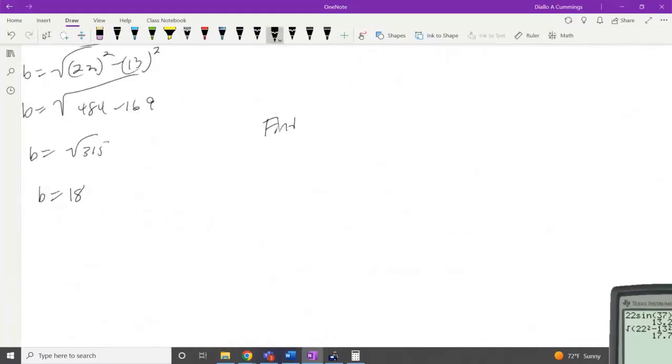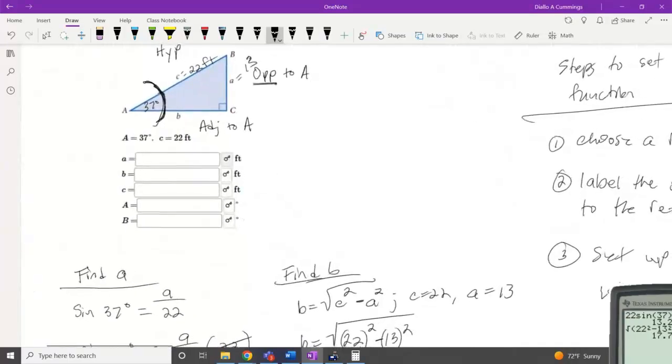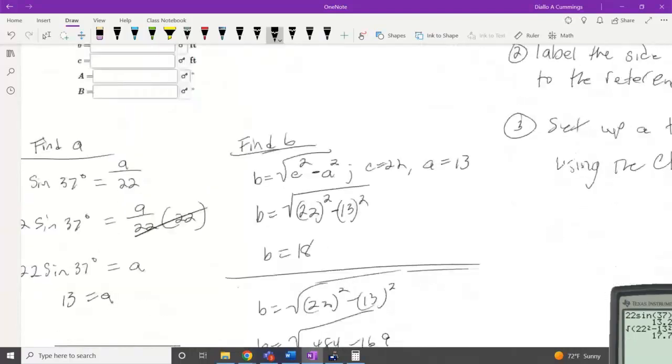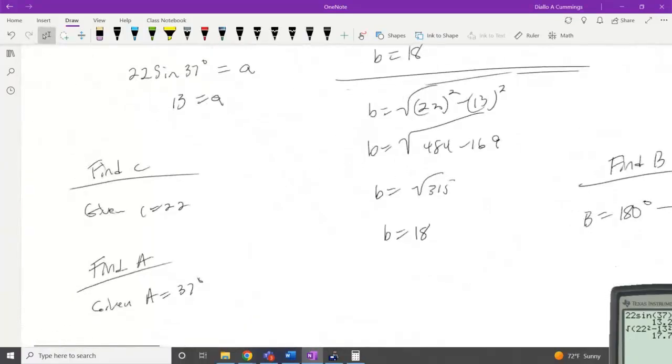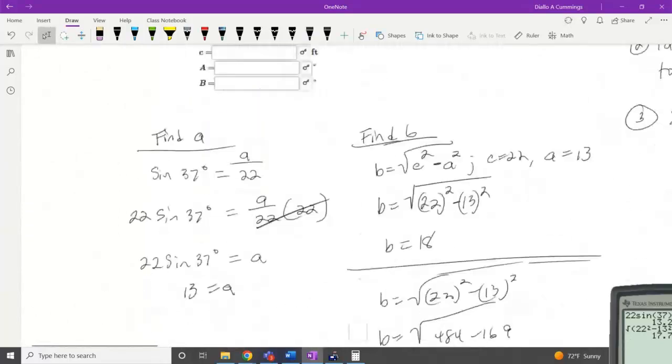So in order to find angle B, since I know two angles, I'm going to use the sum formula. B is equal to 180 degrees minus the sum of my other two angles, which are 37 degrees and 90 degrees.